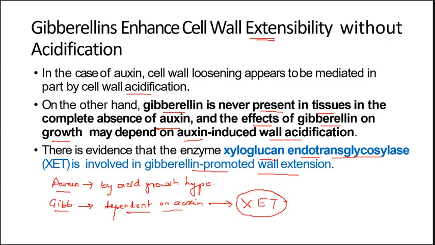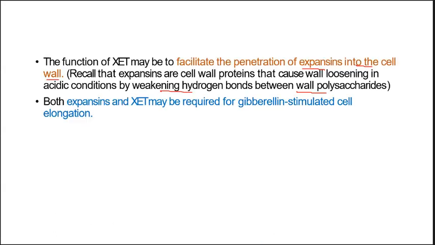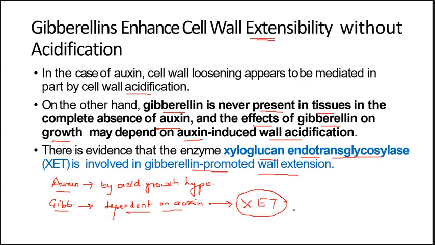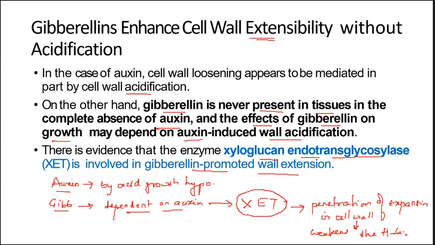So Z helps in the penetration of expansin in the cell wall. What was the role of expansin? Expansin weakens the hydrogen bond in the cell wall. As a result, the cell wall becomes flexible and extended.